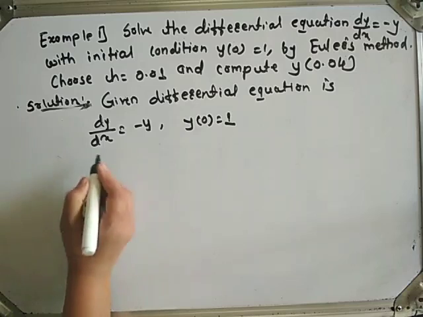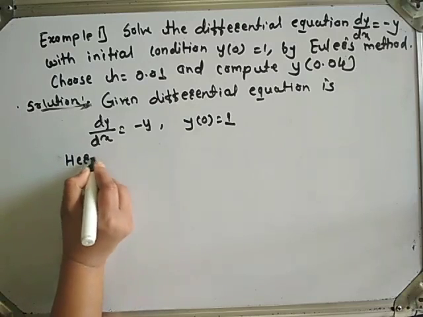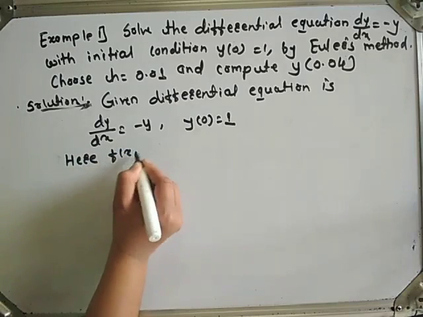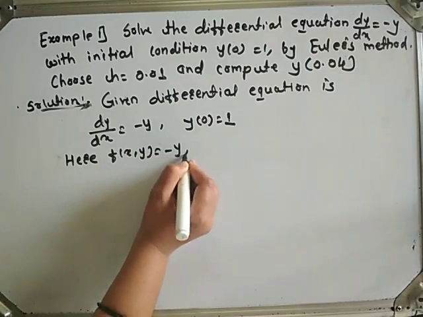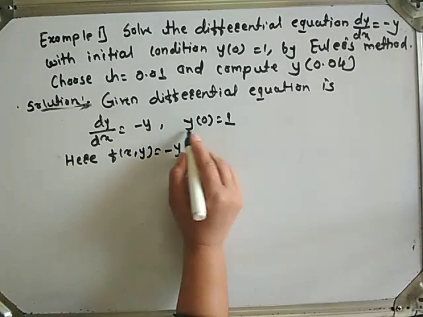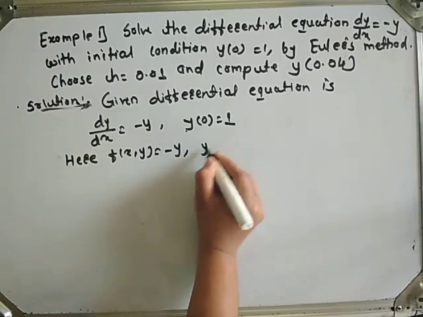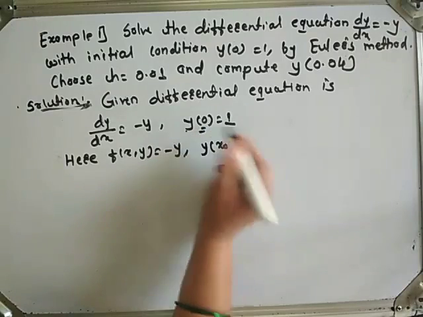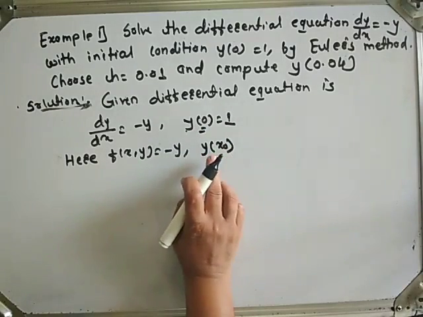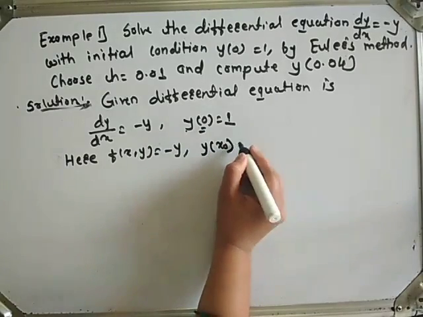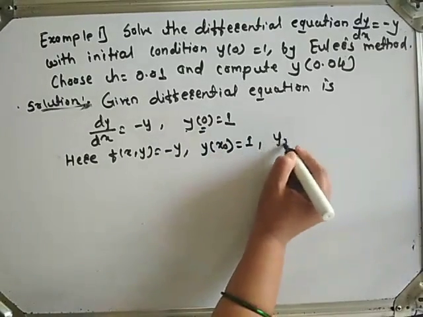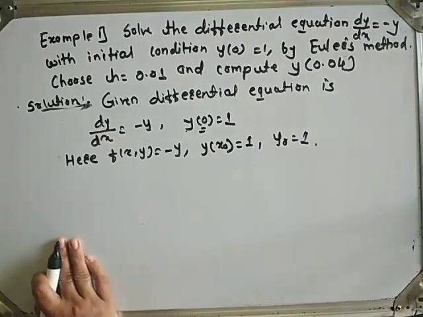So here f of x, y is equal to minus y. y of 0 means we are starting from x0, so y of x0 is equal to 1 means y0 is equal to 1.